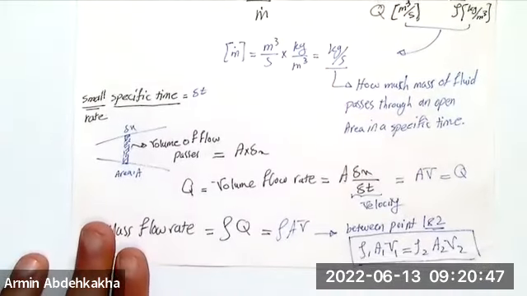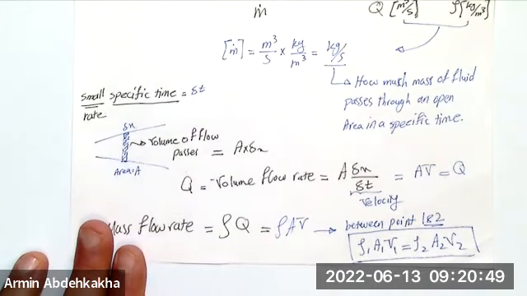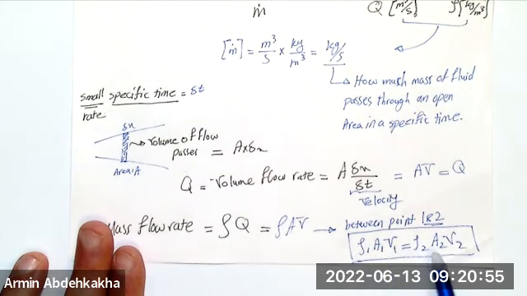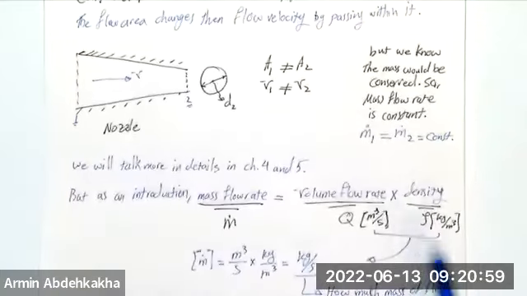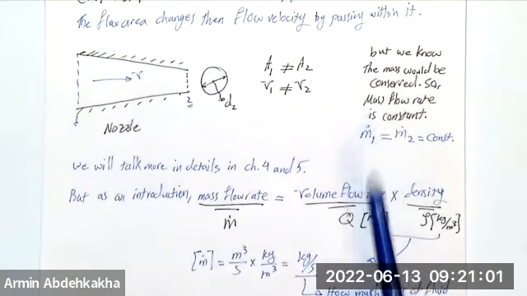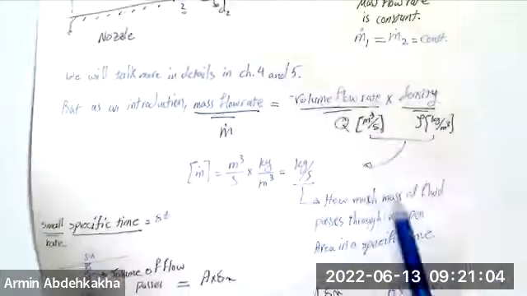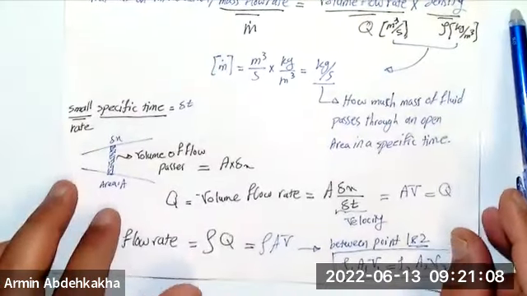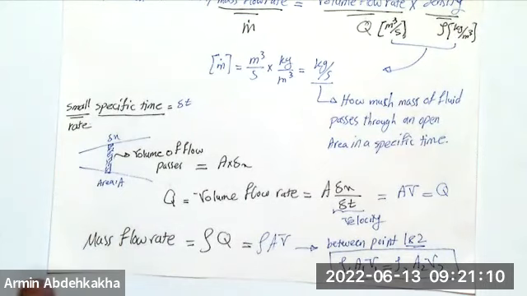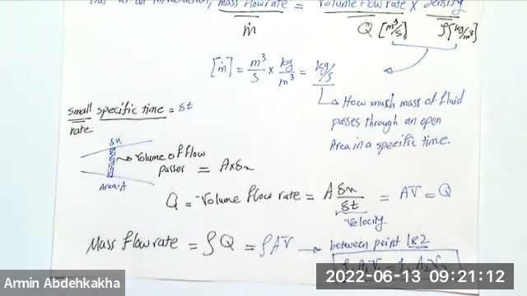Or it doesn't matter, you know rho at point 1 or point 2. Then rho 1 A1 V1 is equal to rho 2 A2 V2. That's the meaning of the mass being conserved.